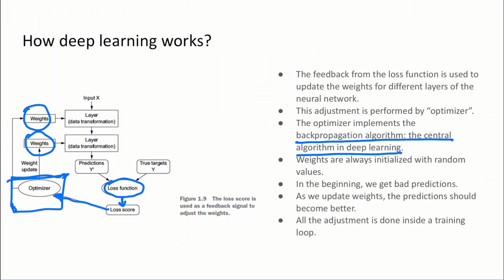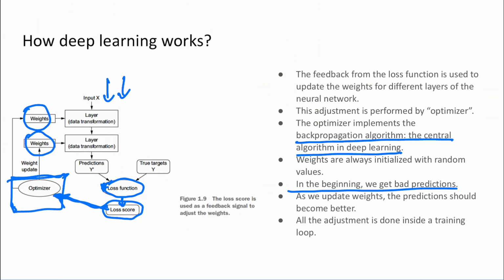As it sees many different examples, let's say one image comes in, it calculates the loss function and the loss score, passes it to the optimizer, and the optimizer in turn updates the weights. Now you have a second example, and the same process is performed over and over again, and in the end these weights won't be random anymore, and the layers will be able to transform the data correctly.